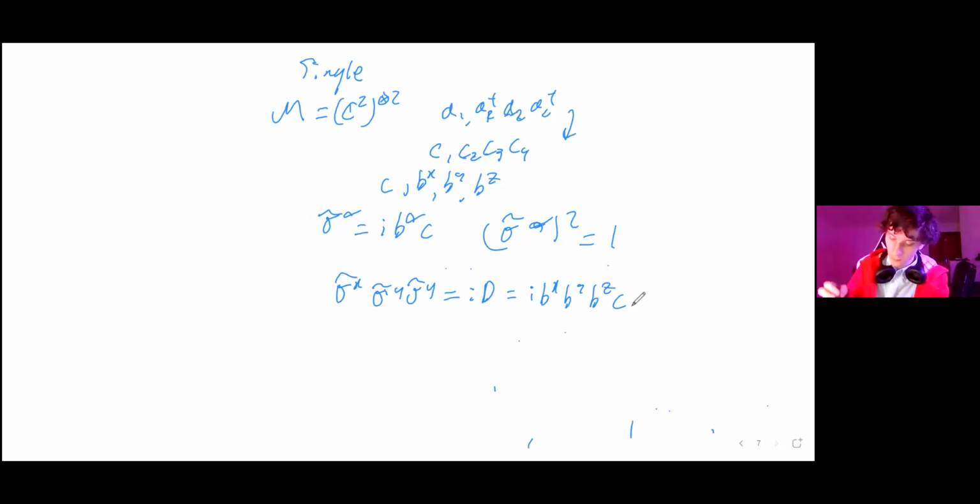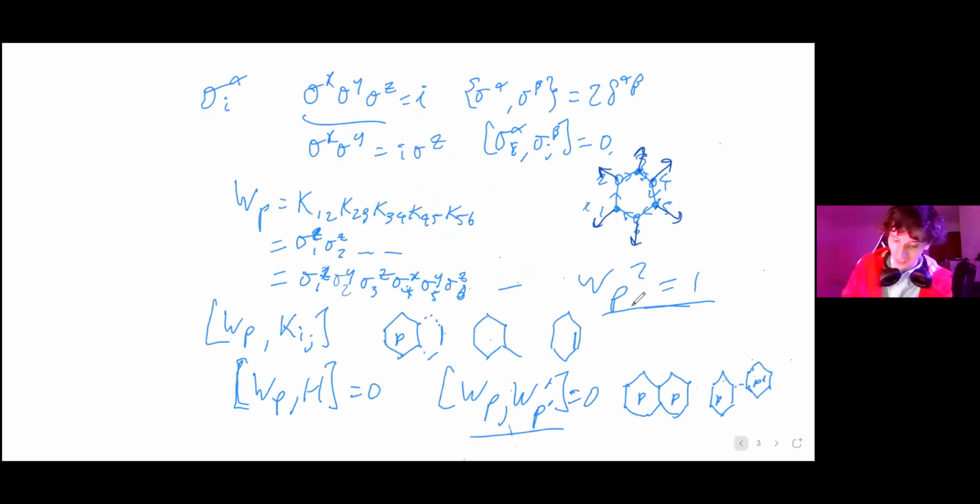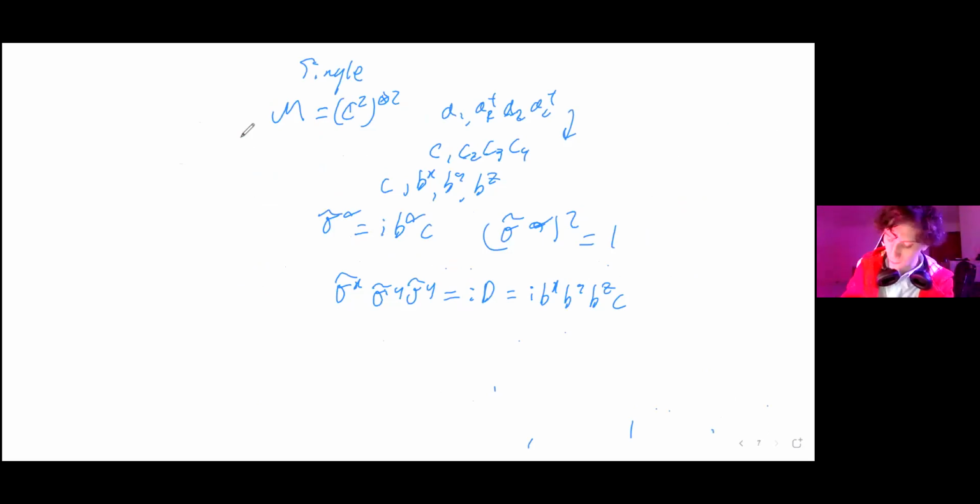So if you recall, the defining properties of the Pauli matrices are that if you multiply them all together with the right sign of permutation, you get i, and they square to the identity. Here we don't quite do that, except you can note that D squared is equal to the identity.